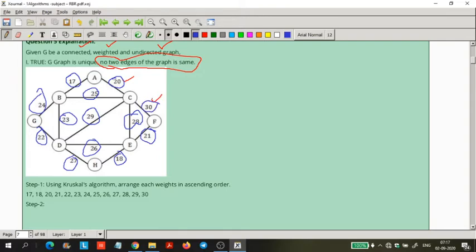So each weight is different. No two edges in the graph are the same.